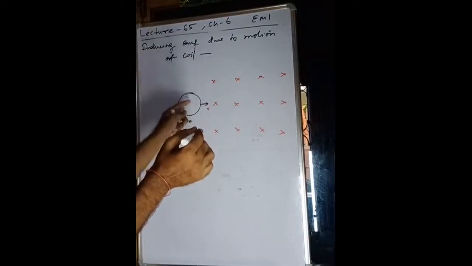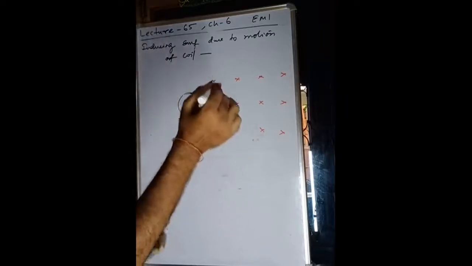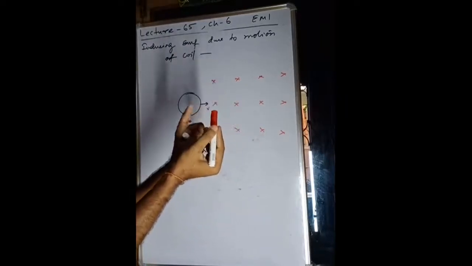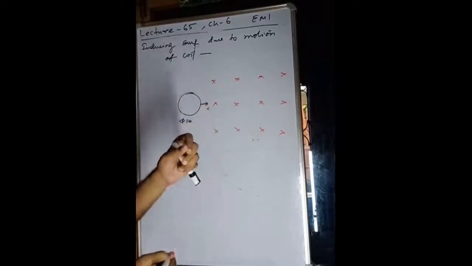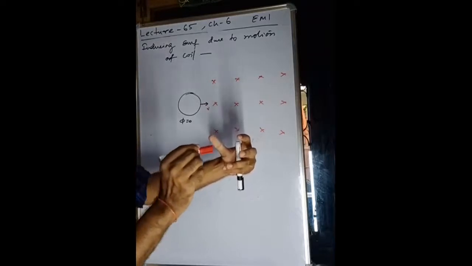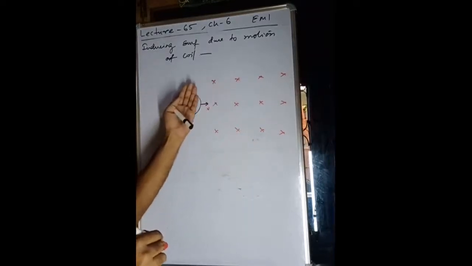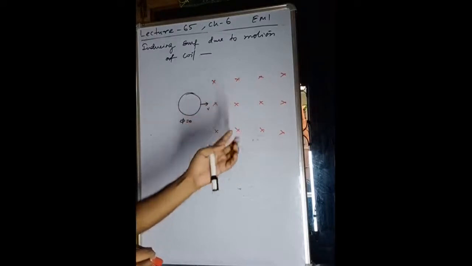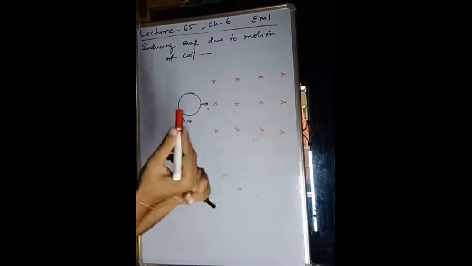Now, if this coil is moving inside the field, the flux is increasing. And if you have the north pole, what does it mean? The north pole is going towards the coil, that's why the flux is increasing. If you have a coil and you move this magnet towards the coil, the flux will increase. As this coil is moving inside the field, the flux is increasing. It means this magnet, which pole was it?